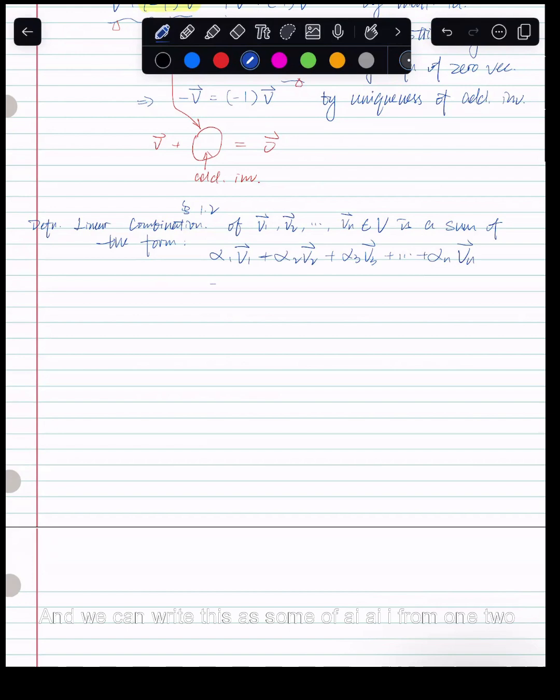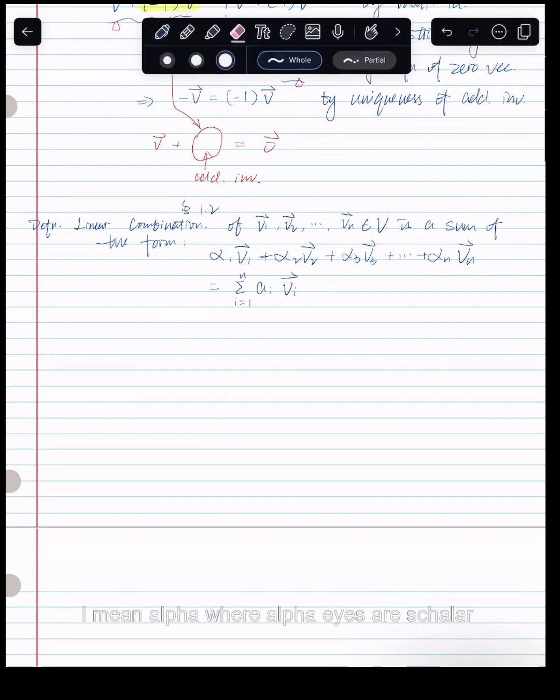We can write this as the sum of alpha i vi, i from 1 to n, where the alpha i's are scalars.